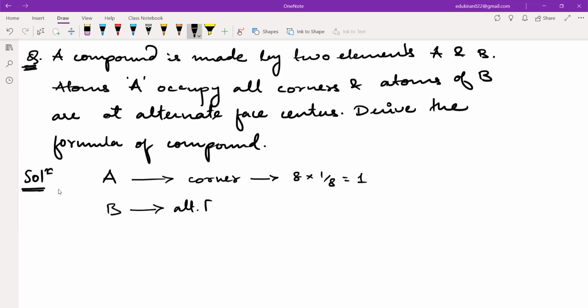The alternate face centers. So tell me, how many face centers? 6. Into? 1 by 2. That is it.